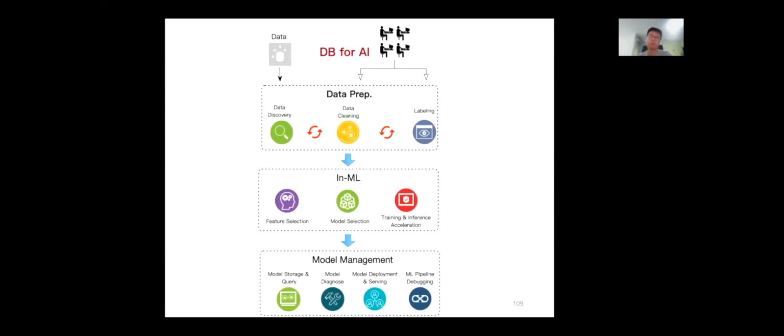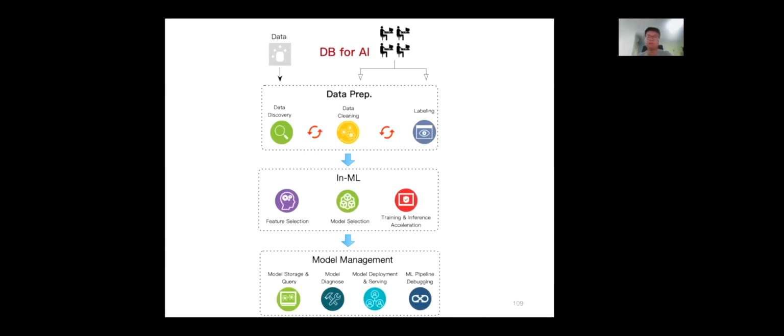First, the pre-ML, which is also named data preparation, is needed for preparing high-quality training data, including data discovery, cleaning, and labeling. Secondly, model training consists of a number of time-consuming steps, including feature selection, model selection, as well as training and inference stages, which can be accelerated using DB techniques like materialization or parallelism.